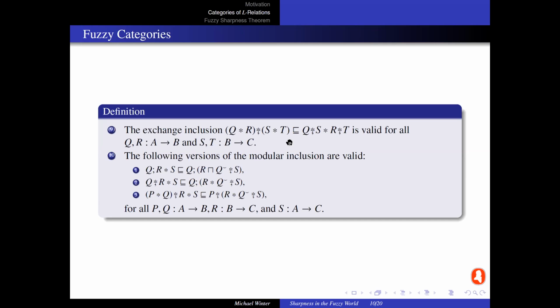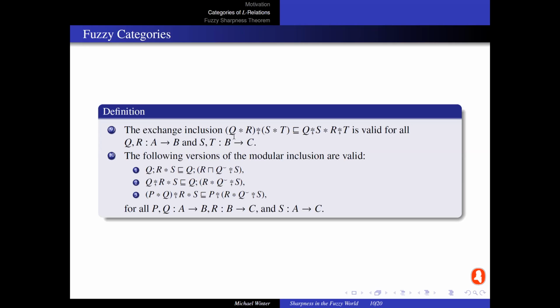This is a generalization of the corresponding one for meet and composition, but for meet, there would only be one relation on the left-hand side of the composition over here. There would not be Q star R, there would be just one Q.